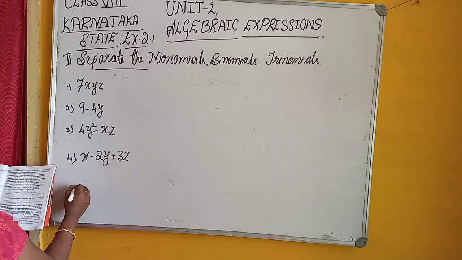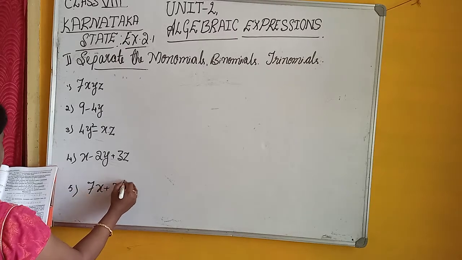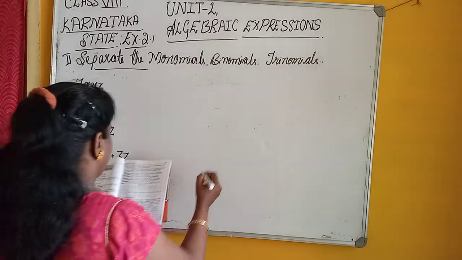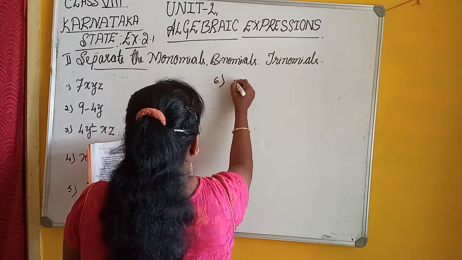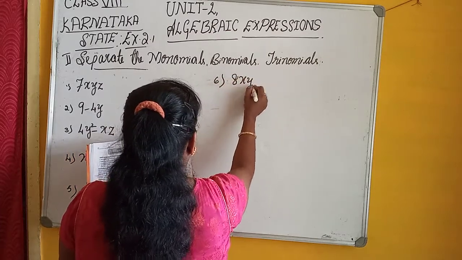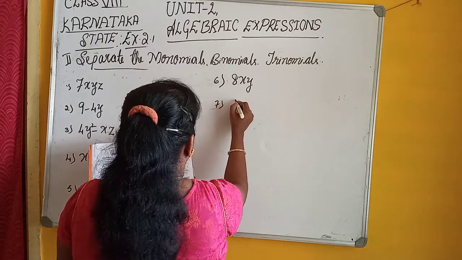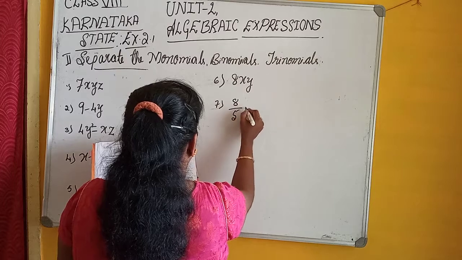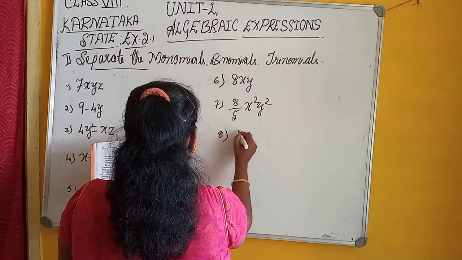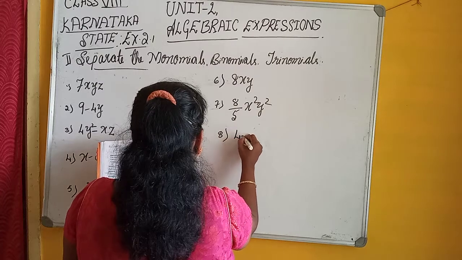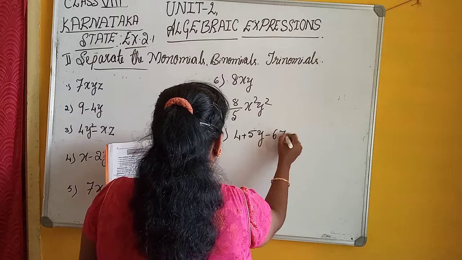Fifth one is 7x plus z square. Sixth one, 8xy. Seventh one, 8 by 5 x square y square. Eighth one is 4 plus 5y minus 6z.